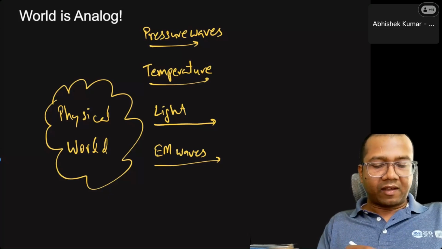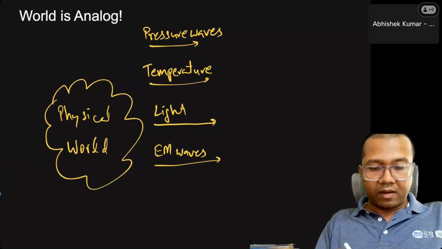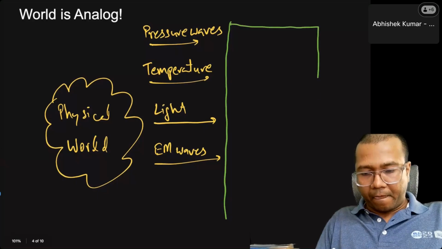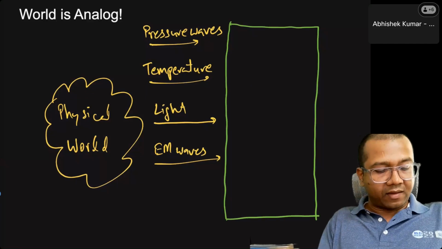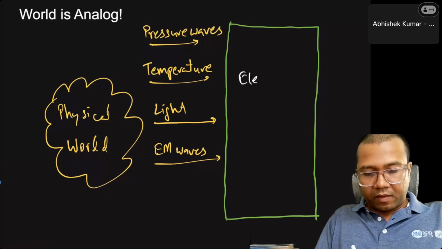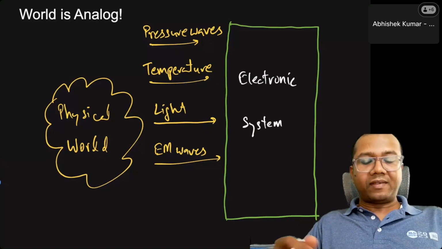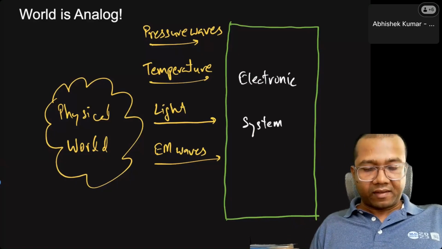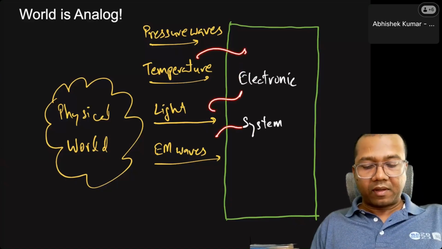And once these signals are present, which are all analog in nature, and you are trying to design an electronic system, you'll find that this electronic system has to have a way to process these analog signals. Okay. Now, how do we process these analog signals? You have to first bring these signals inside the system.